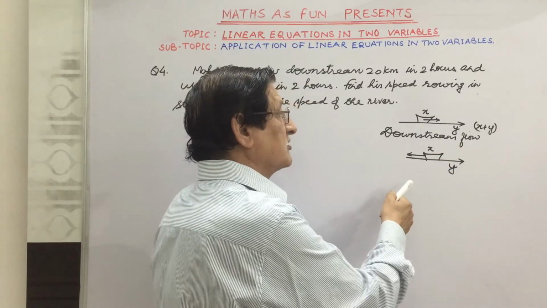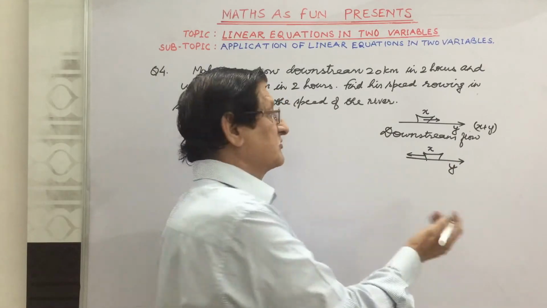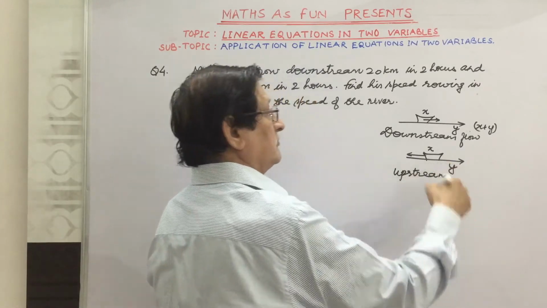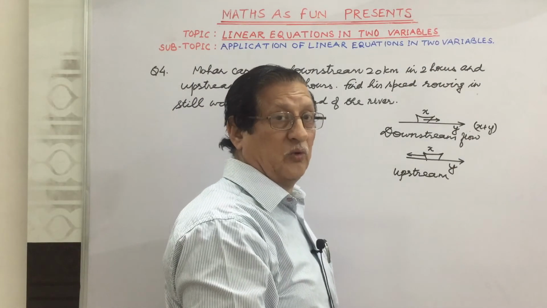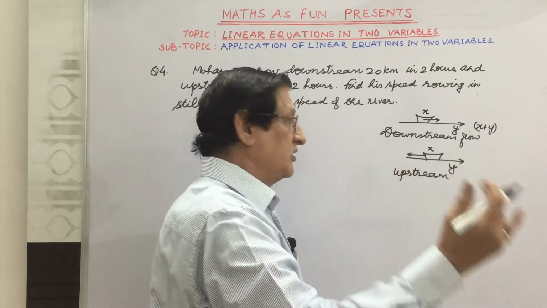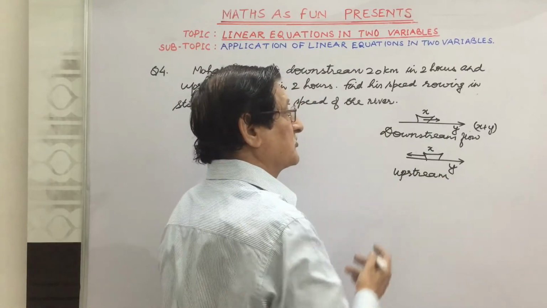In this case, you can see it is to oppose the flow of the water, and that's why we call it upstream, like going up on the mountain. The same way we are opposing the flow of the water, so we are going in the against direction of that, and that's why we call it upstream flow.